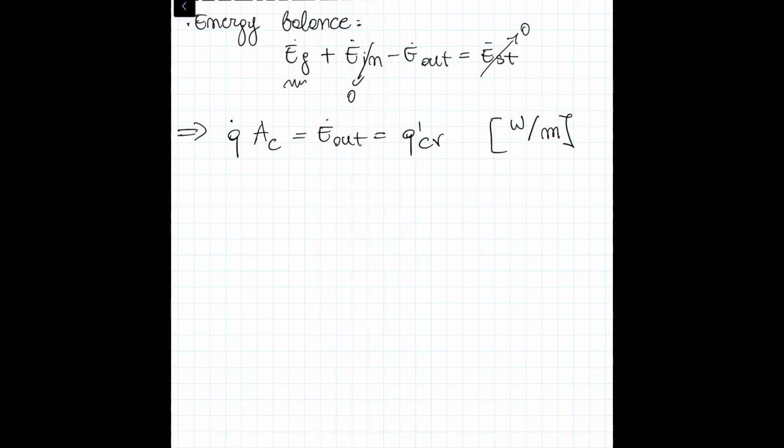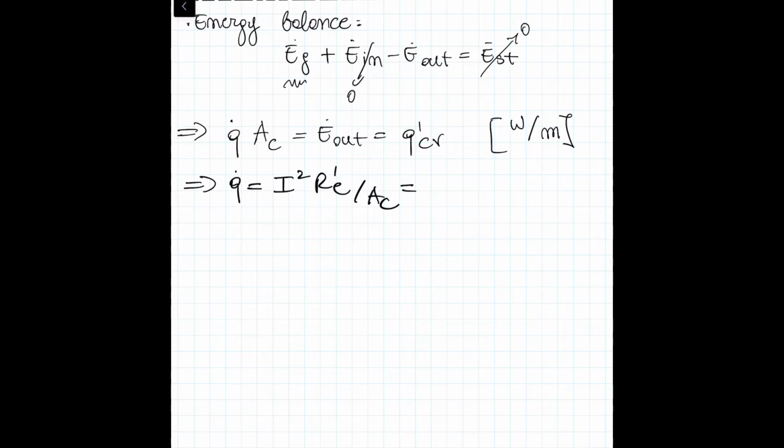Let's find the generation term and the convection term so that we can finish part A of the question. Now, the generation term, we said it's related to the current carried by the cable. We know that resistive cables dissipate power that is proportional to the current squared times the electrical resistance. We're going to divide this by the cross-sectional area because we know that usually generation terms are assessed in watts over meters cubed.